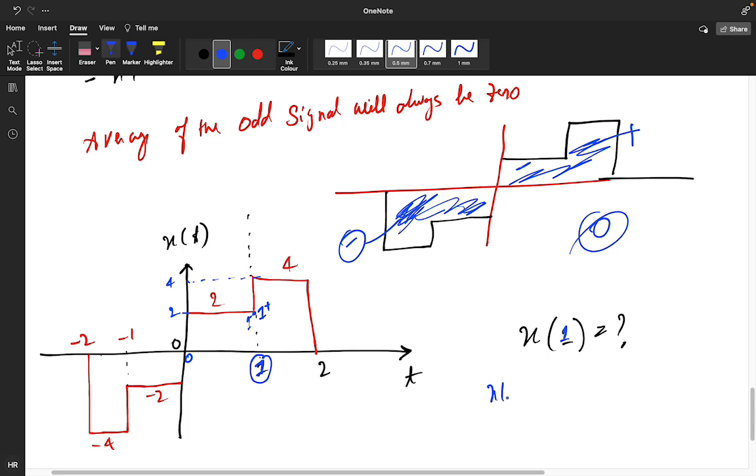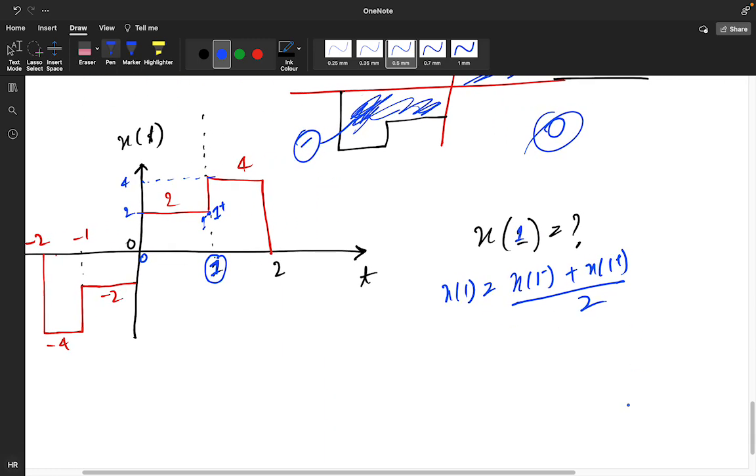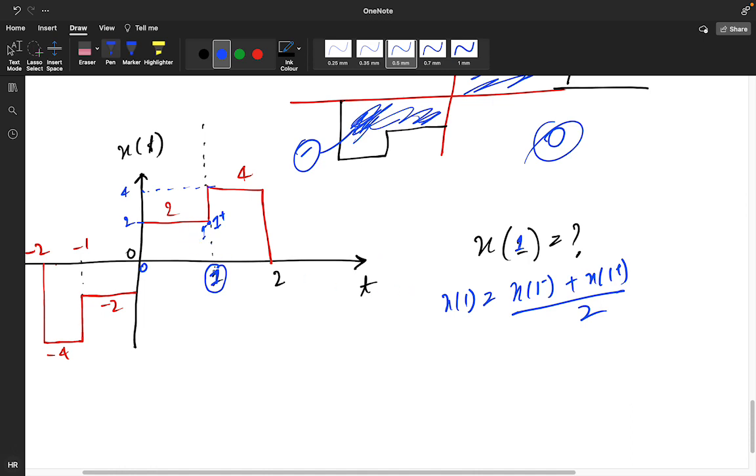So for finding x of 1, we take the average of x of 1 minus plus x of 1 plus, divided by 2. Before 1, the value is 2, so 2 will be substituted. After 1 the value is 4. Divided by 2, so 6 by 2, so 3 will come.